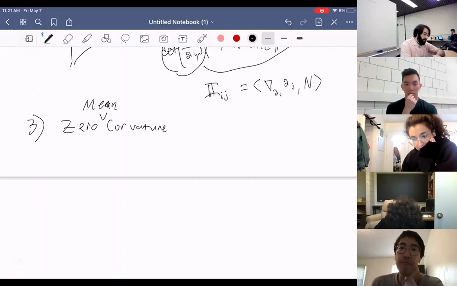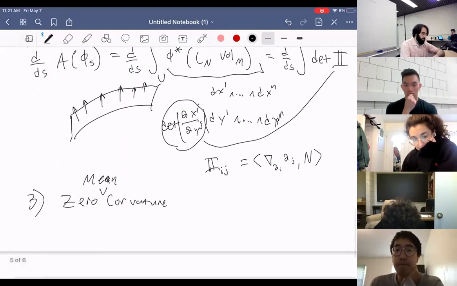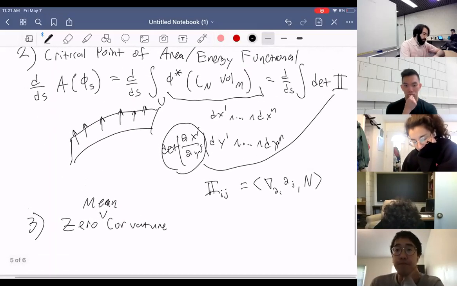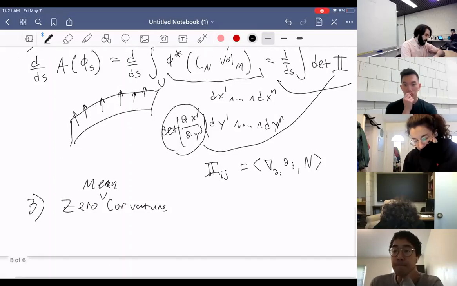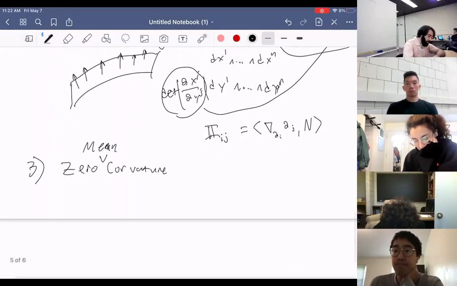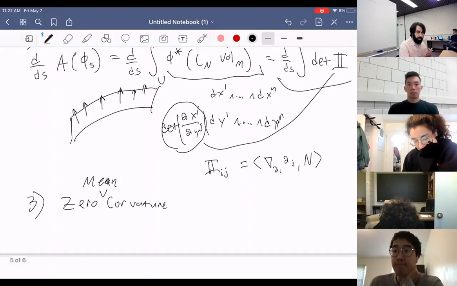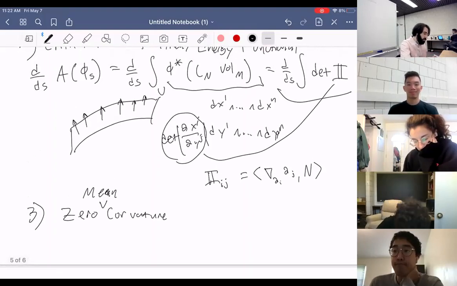Well, the way that you would normally do in a geometry class would be to take the variation of this formula up here and try to find what pops out. We're not going to do exactly that because I want to avoid doing any real analysis in this talk. But you can just think of, we're taking a derivative here, and there's a determinant.